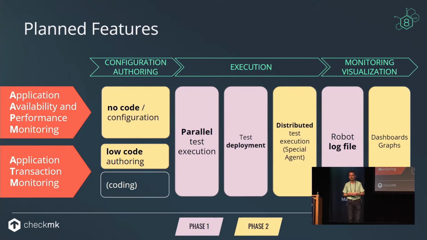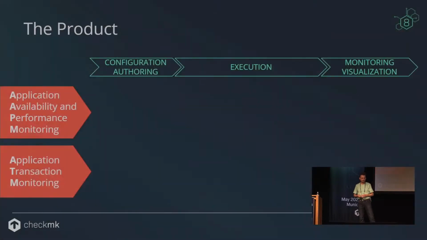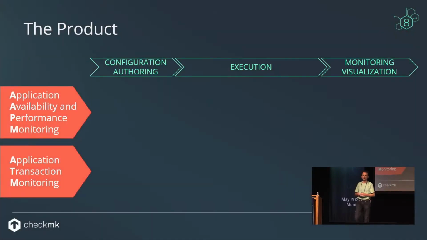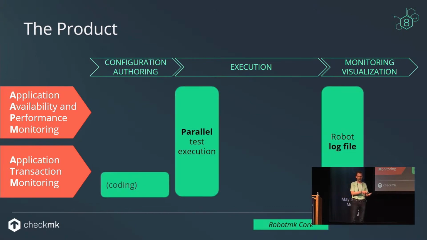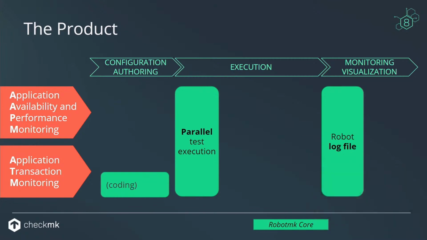So all in all, these are the milestones we have in front of us and which we want to achieve in the near future. And perhaps you are now interested in how we are planning to separate the open source part from the enterprise product. The open source part, RobotMK Core, will include the parallel test execution and the log file integration. You will still write your robot test in Visual Studio Code.